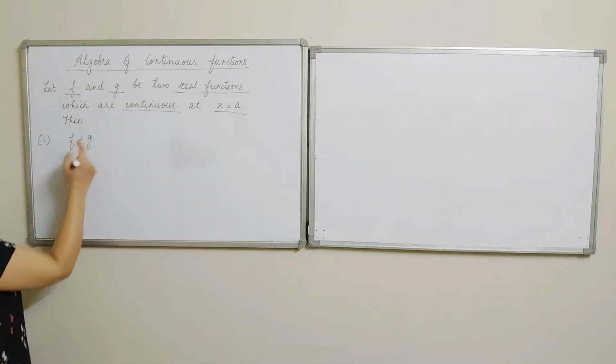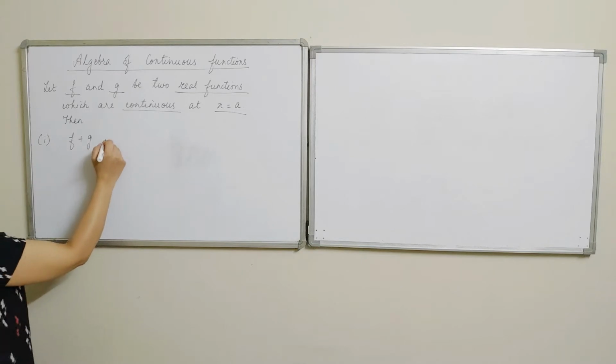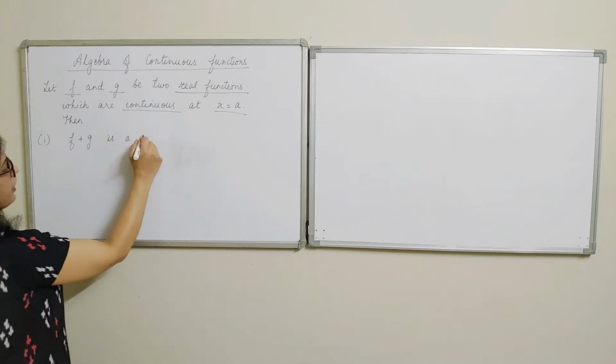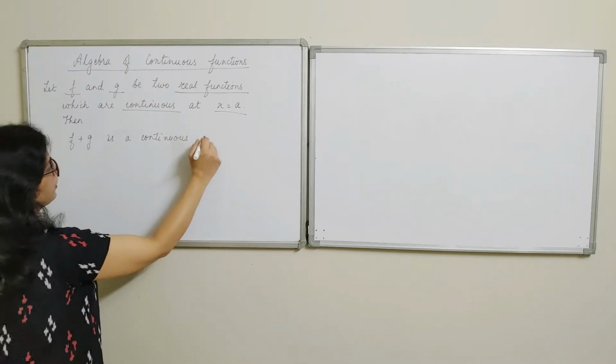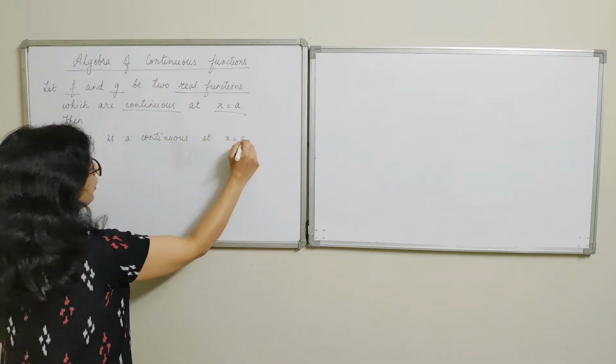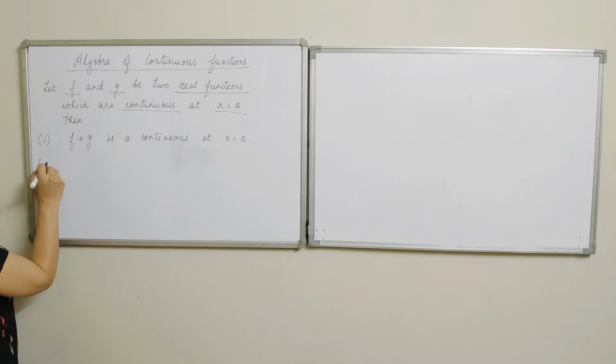So the sum of two continuous functions is a continuous function. So f plus g is also continuous at the same point x is equal to a.